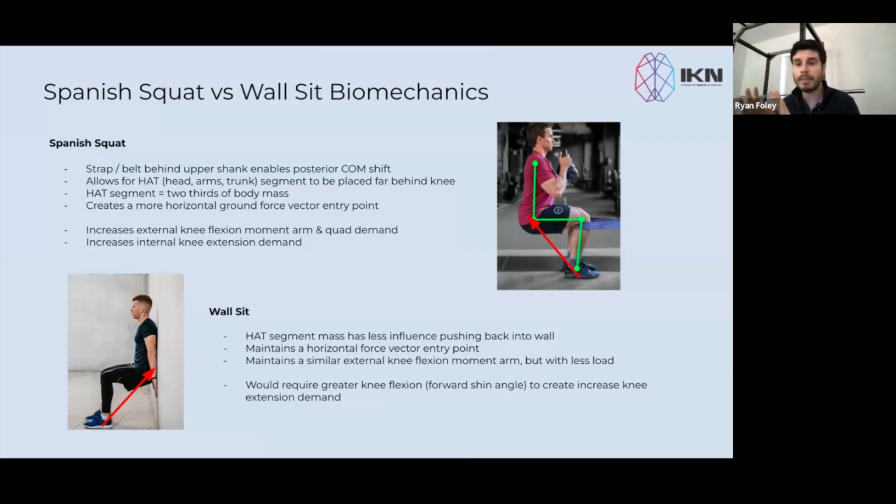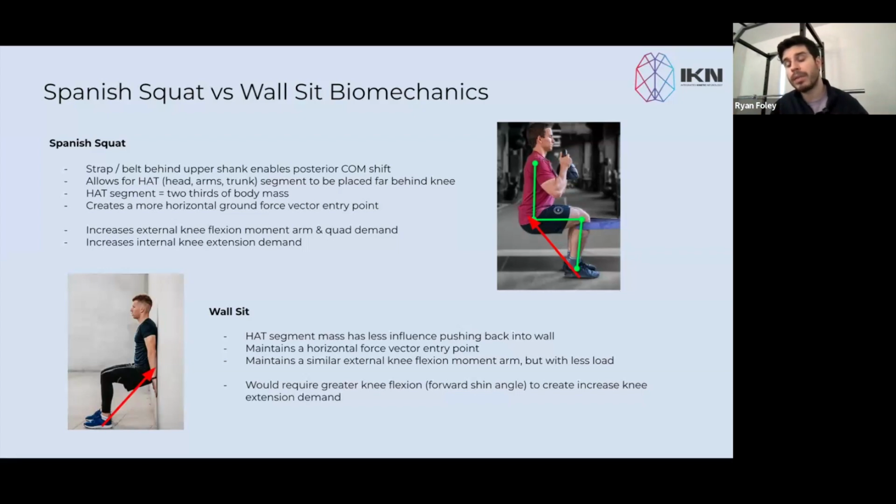So when you shift a lot of mass, like the head, arms, and trunk, which makes up 2/3 of your overall body mass, further behind the knee joint, that is going to increase the mass that is trying to create knee flexion. Okay, and so it's essentially going to increase what's known as the external knee flexion moment arm.